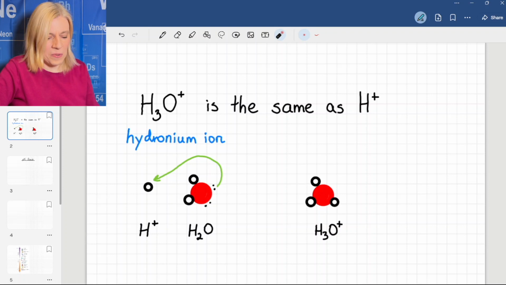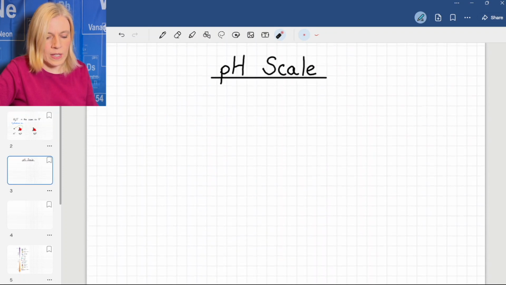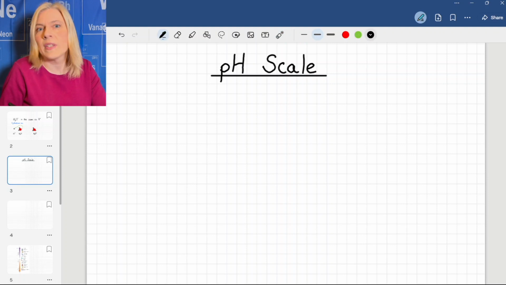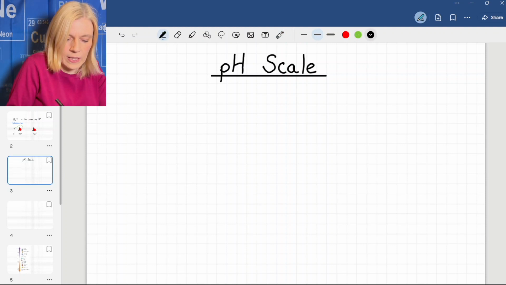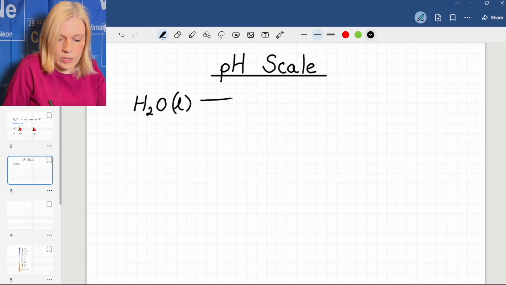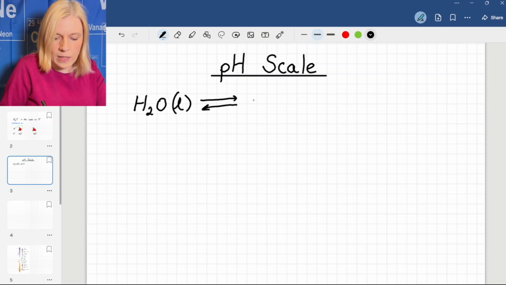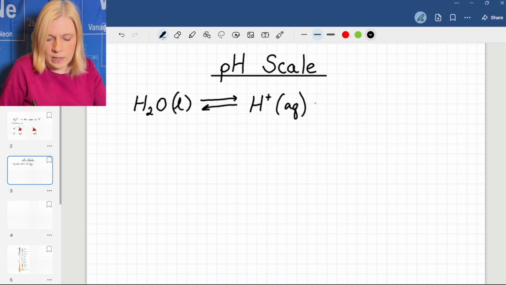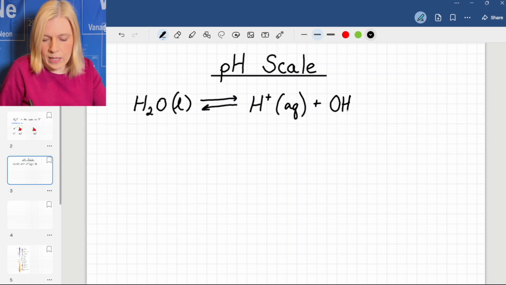Okay, are you ready for a little bit more? So, we said that water molecules can split up into an H+ and an OH-. So let's write this. We have our water molecule. It will split up into an H+ plus hydroxide ion.